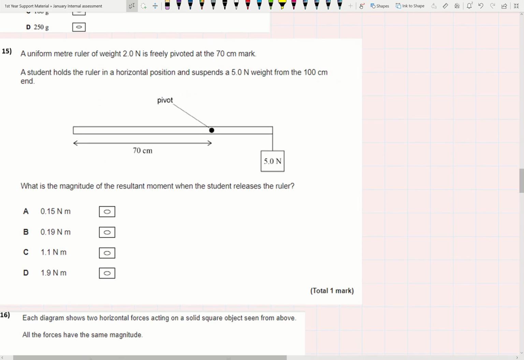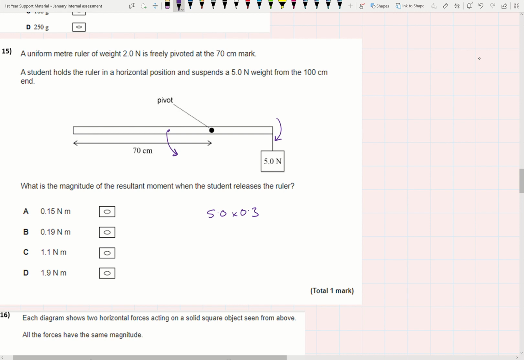Okay, this time I've got what looks like a moments question to me. A uniform meter ruler of weight 2 newtons is freely pivoted at the 70 centimeter mark. What's the magnitude of the resultant moment when the student releases the ruler? So I've got a turning effect, which is going to be 5.0 times 0.3. And then I've got a turning effect from the weight of the ruler.